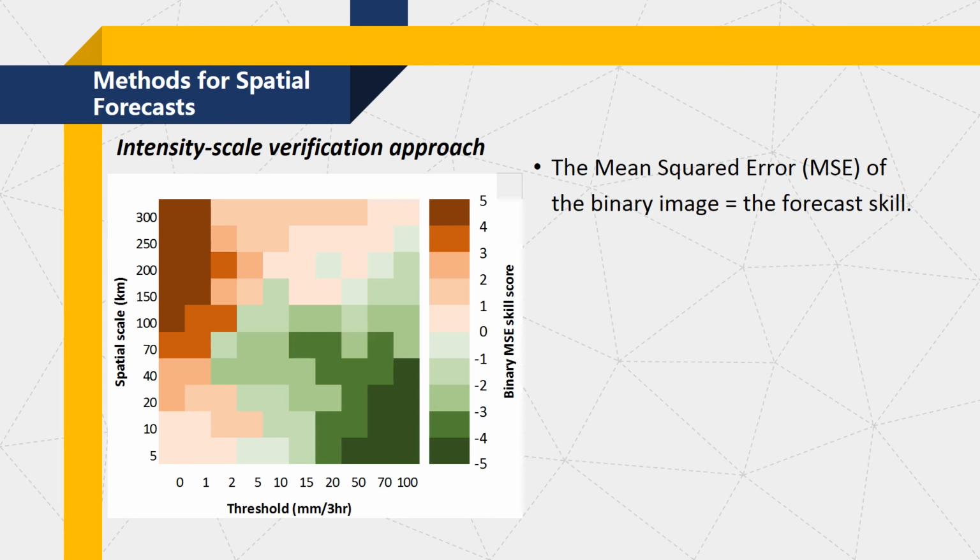This method is commonly used for precipitation verification or other variables that have a continuous distribution. This is a sample of an intensity scale verification graph or diagram.